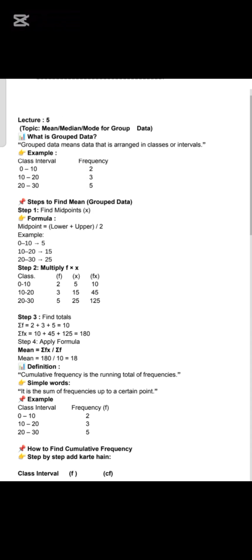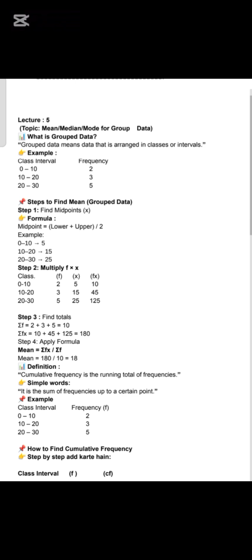The given class intervals are 0 to 10, 10 to 20, 20 to 30, and we find the midpoint. We take lower plus upper divided by 2: 0 plus 10 divided by 2, 10 plus 20 divided by 2, and 20 plus 30 divided by 2. And we find that the midpoints are 5, 15, and 25.